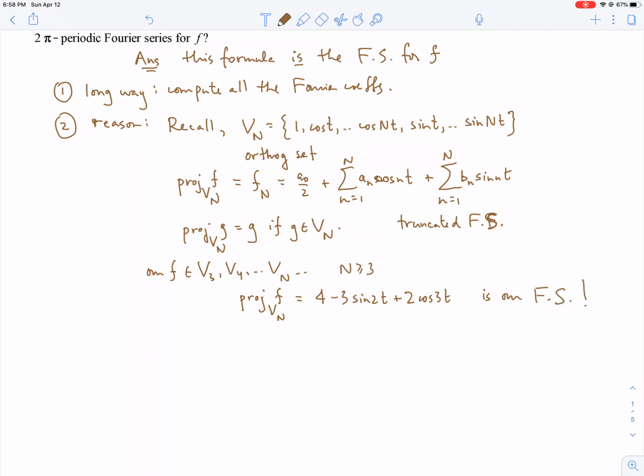And this argument actually extends for infinite sums of sinusoidal functions.